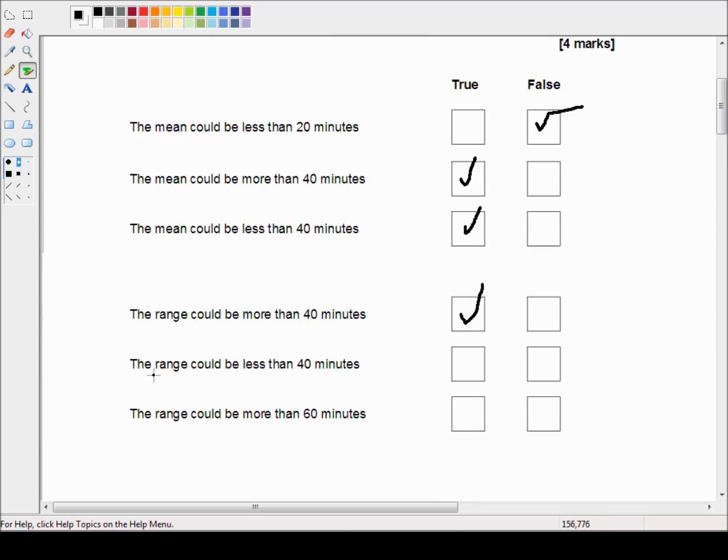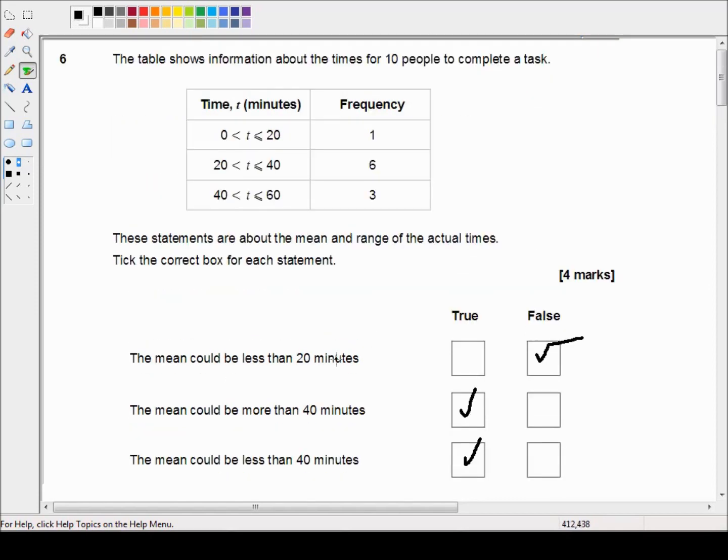The range could be less than 40 minutes. Looking at the difference between the fastest time for the slowest category, which would be 40, and the slowest time for the fastest category, which is 20, that's a difference of 20 minutes.